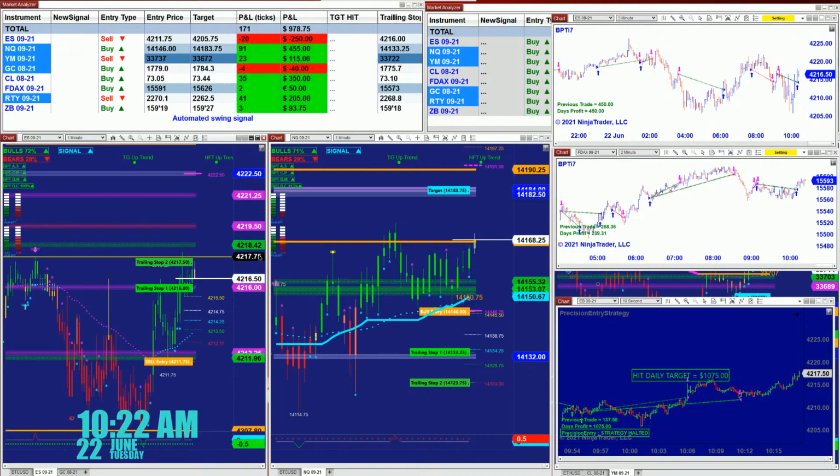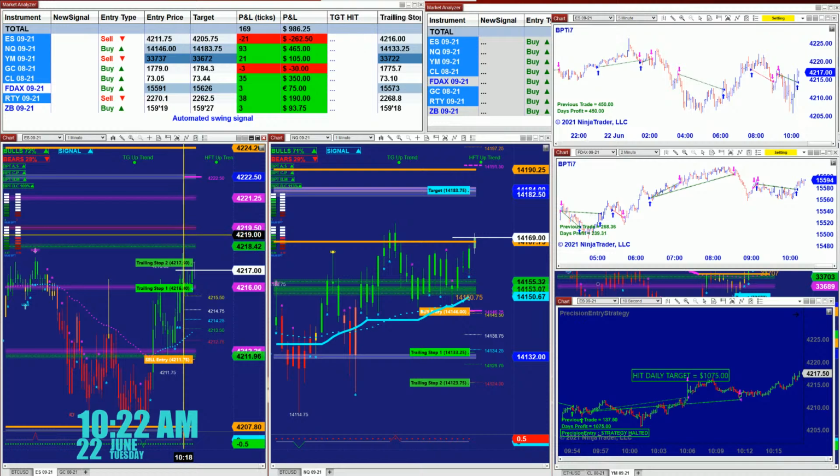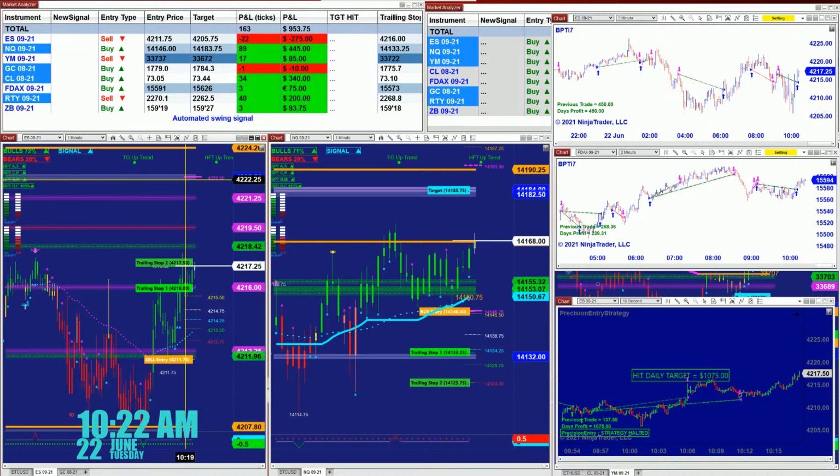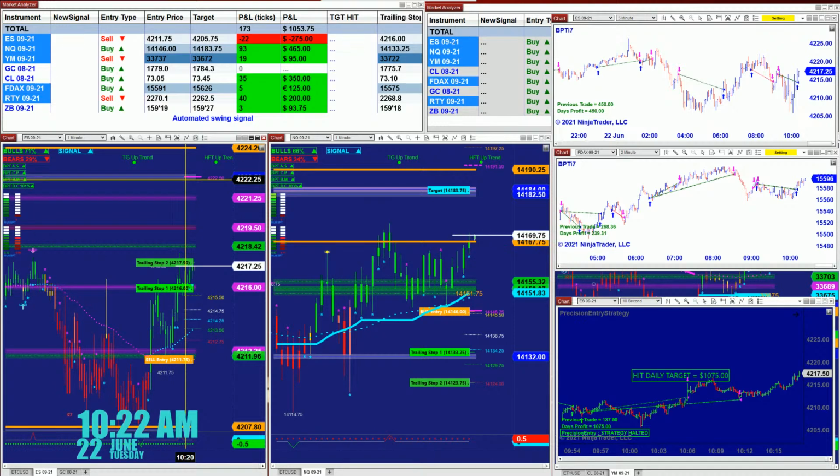Look at the ES. You have a resistance and a projection at 42.18, resistance and projection at 42.19, resistance at 42.21, double resistance at 42.22. What is this picture telling us? This ES has no long trade, period.